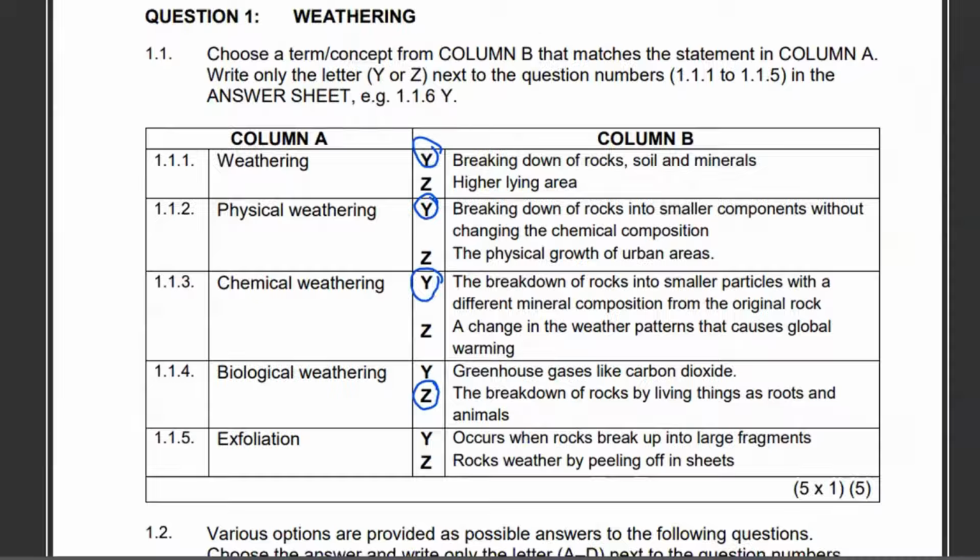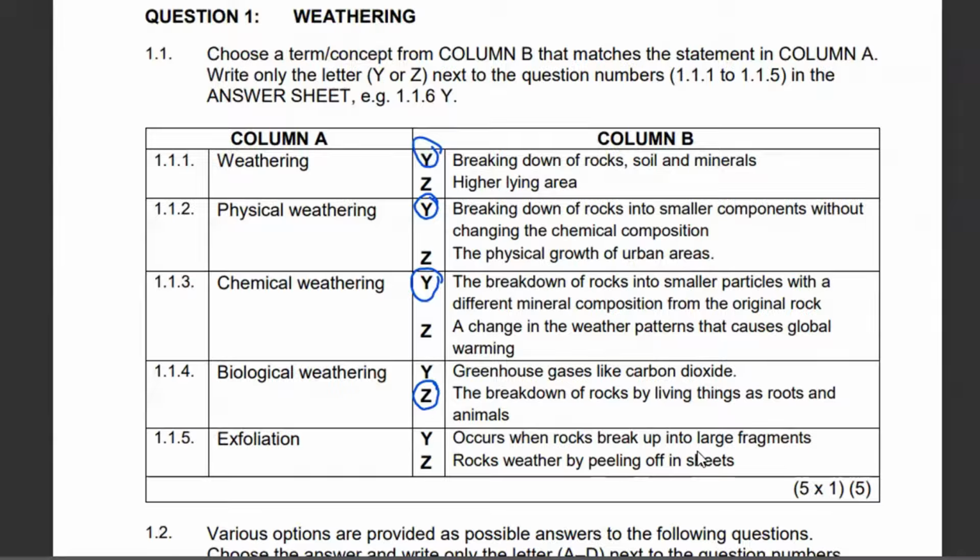All right. So let's go to exfoliation and give the term that describes exfoliation. We have two terms here given to us.